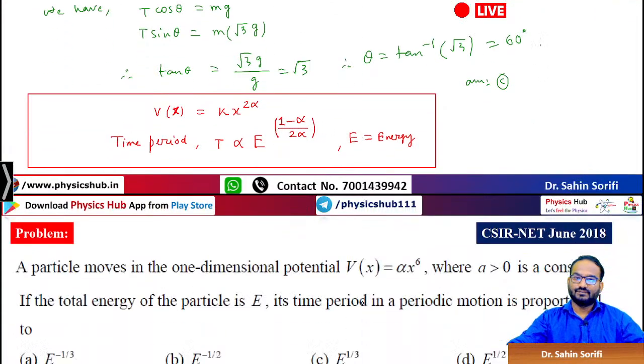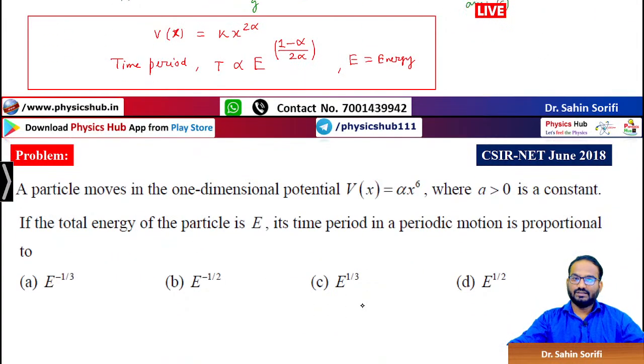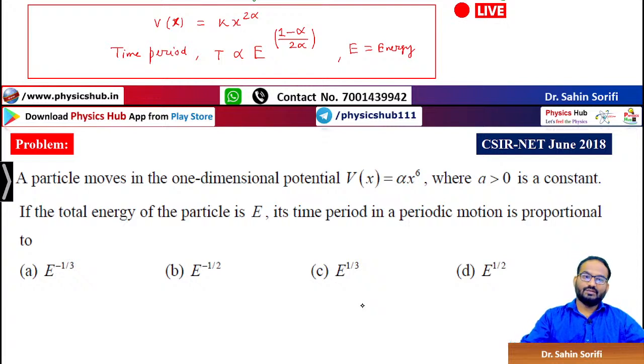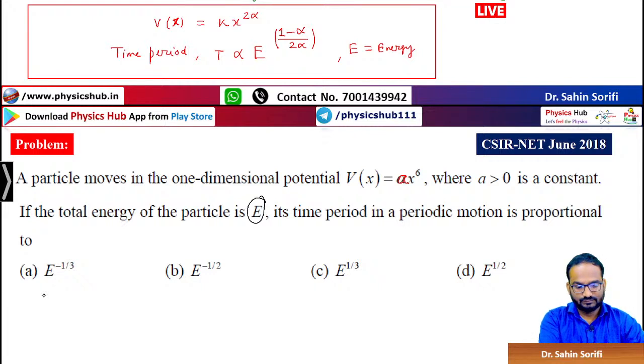Okay. So if you have written it, just try to solve this problem. The particle moves in the one-dimensional potential V of x equal to a x to the power 6, where a is greater than 0 is a constant. If the total energy of the particle is E, its time period in a periodic motion is proportional to what? Can you do this?